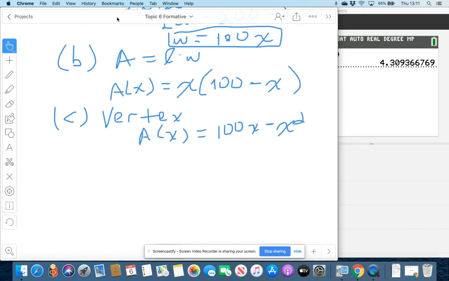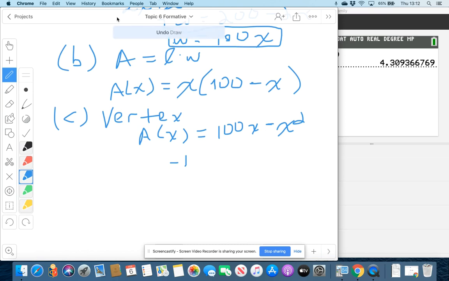It's going to be at negative b over 2a. I'm sorry, b is negative 1, negative 1 divided by 2a. Got that backwards.